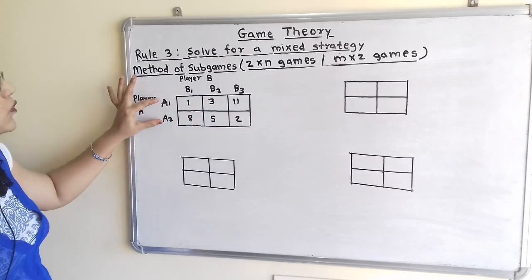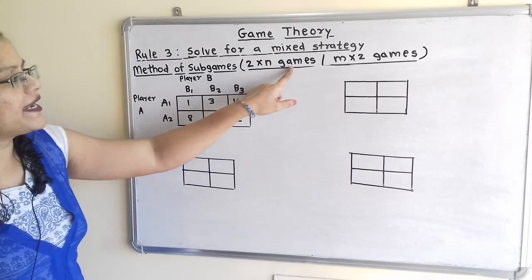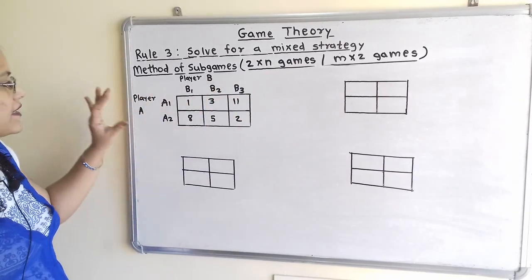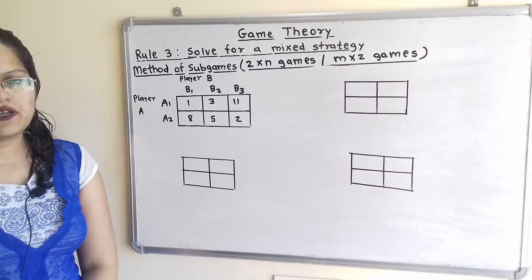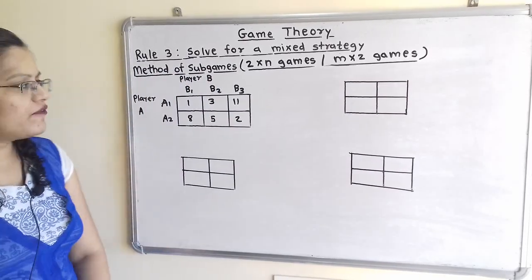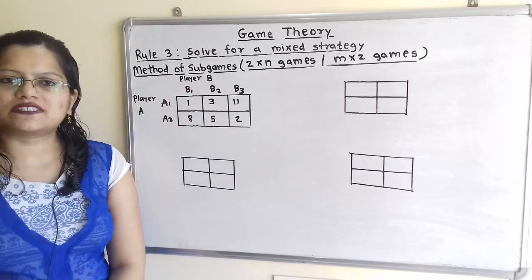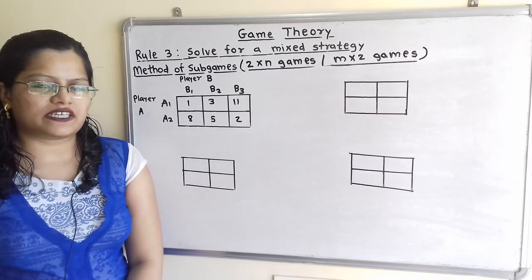If we observe 2 rows and 3 columns, we can say that it is a 2 by n game. Now we will convert this matrix, that is 2 by 3 game, into 2 by 2 game. So how to convert? B is having total number of strategies 3, so each time we will ignore one strategy.